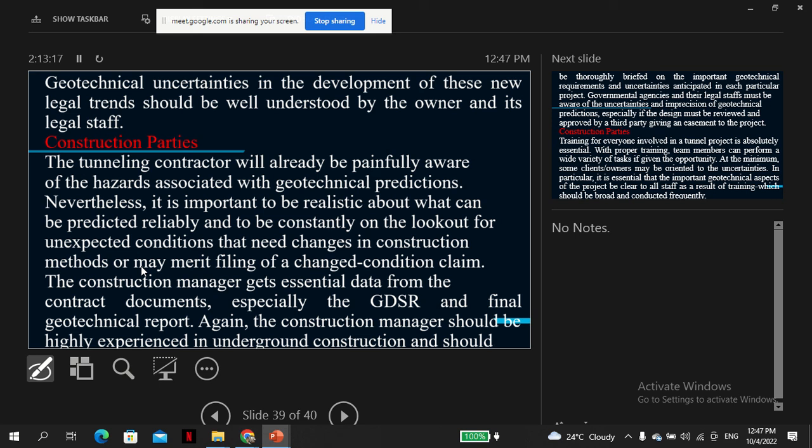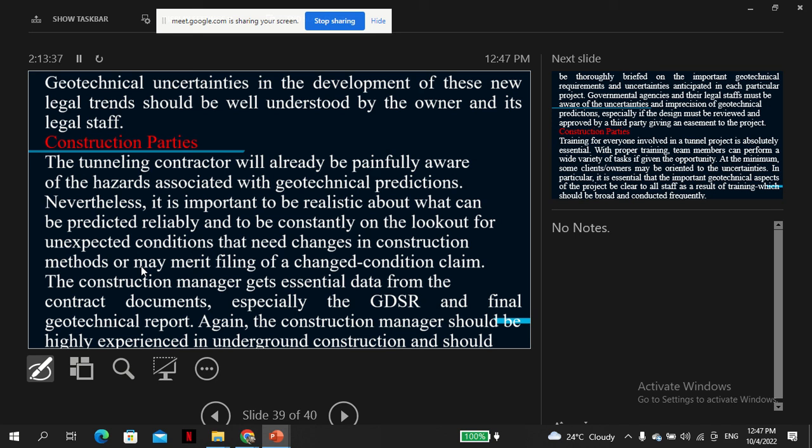Nevertheless, it is important to be realistic about what can be predicted reliably and to be constantly on the lookout for unexpected conditions that need changes in construction methods or may merit filing of a changed condition claim.